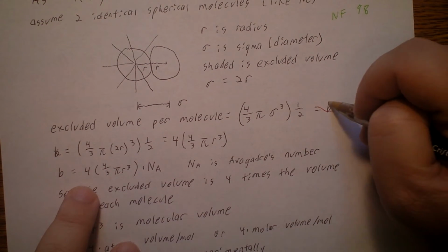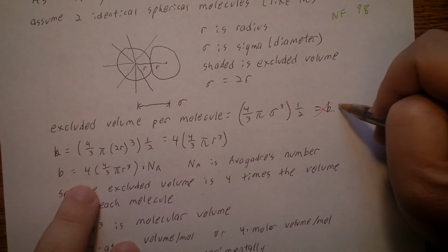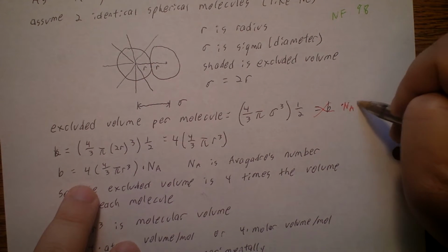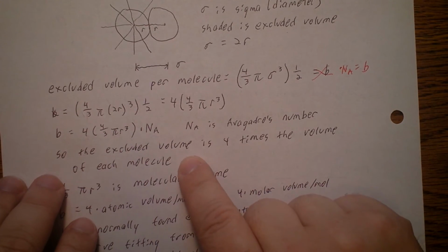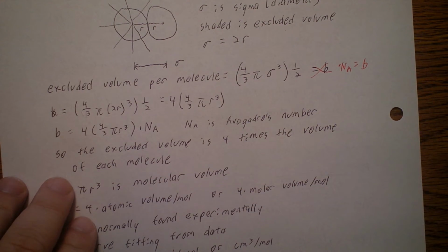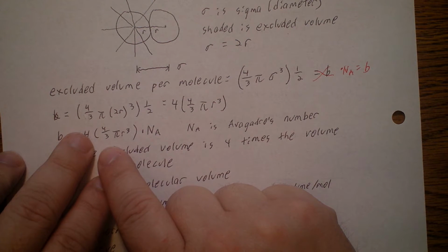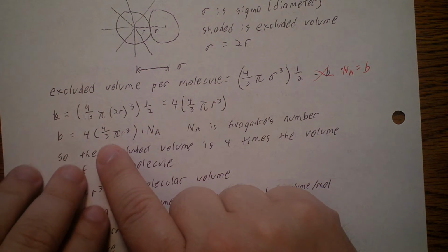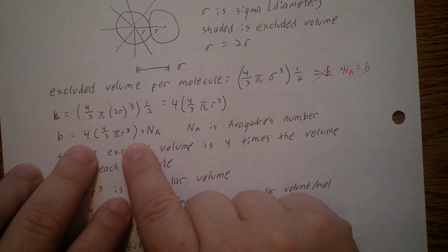So this probably isn't actually equal to b. So we'll say times NA equals b. So I know for next time. Okay, so the excluded volume is 4 times the volume of each molecule. That's why we left it with the 4 factored out like that, because the volume of the sphere is this big, and the excluded volume is this big.